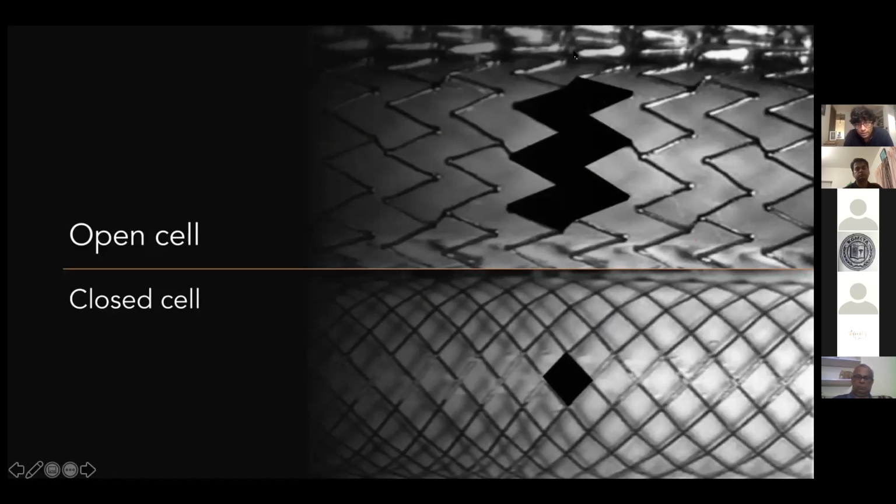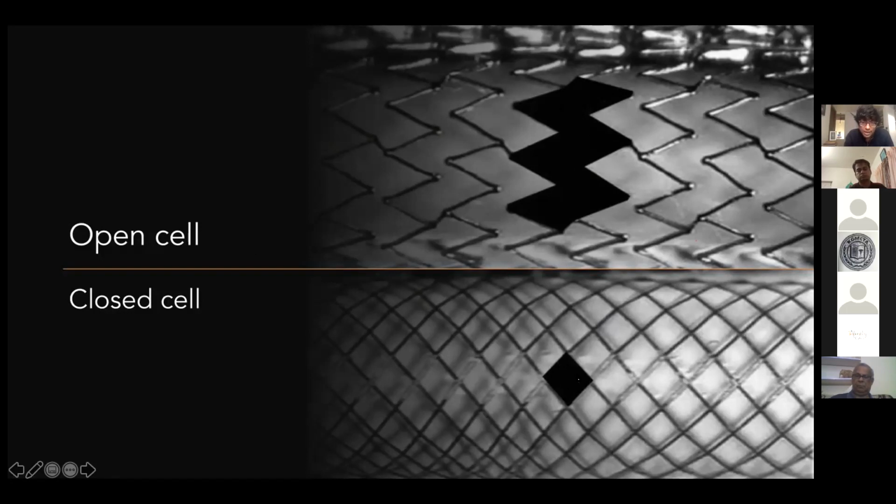And here the cells are open, and the cells are connected to subsequent rows just with small struts, which are strategically placed. So the open area for the plaque debris to migrate and cause distal embolization is much more when you're dealing with an open cell stent, and it is much less when you've got a closed cell stent.